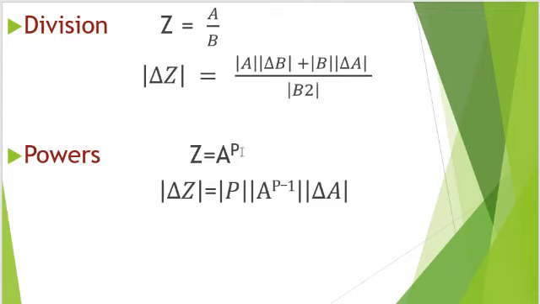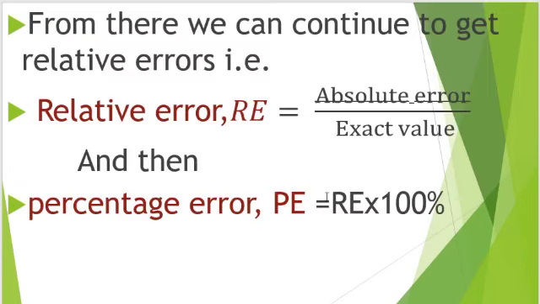And that one in the power, which is A power P, it is P times A power P minus 1 times change in A. From there, we can continue to get relative errors.